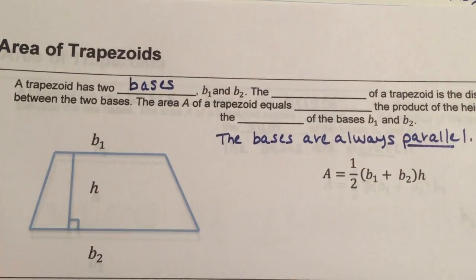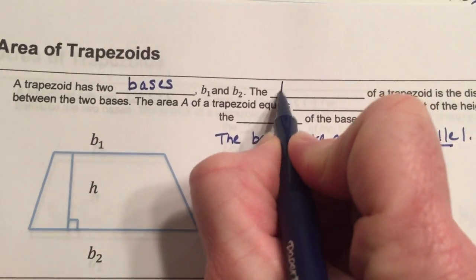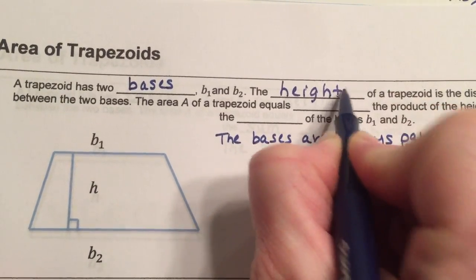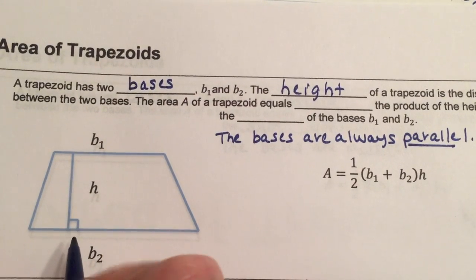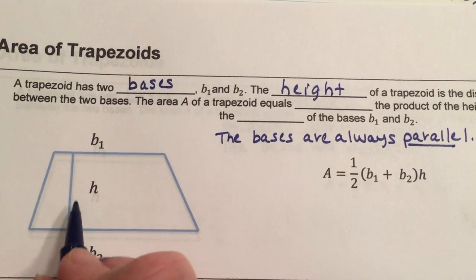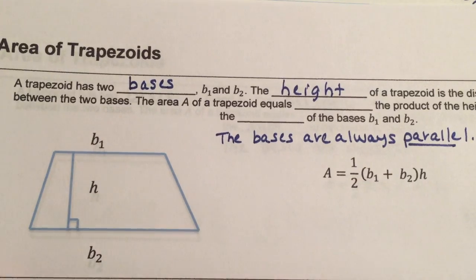So that's going to identify base 1 and base 2. The height of the trapezoid will always be the distance between the two bases. So again, as in the parallelogram and triangle, you're going to be looking for a height and a base that make a right angle. So that is going to identify the height.